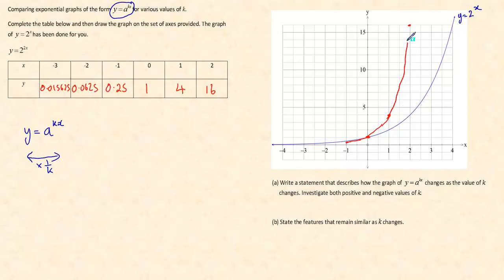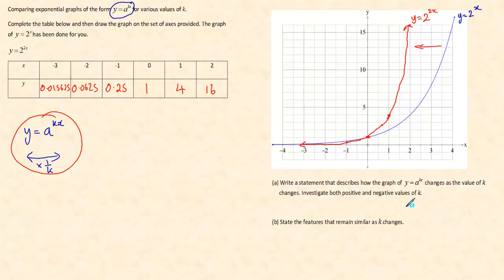And then it's going to get really steep up here, like so. And it's going to go along here. So this one here is 2 to the power of 2x, and it appears to be doing exactly what we discussed down here.